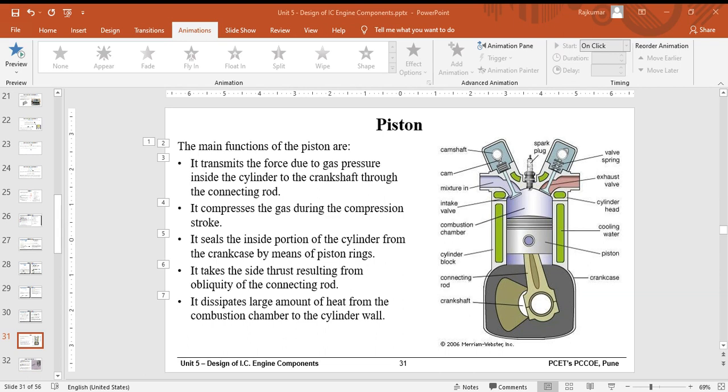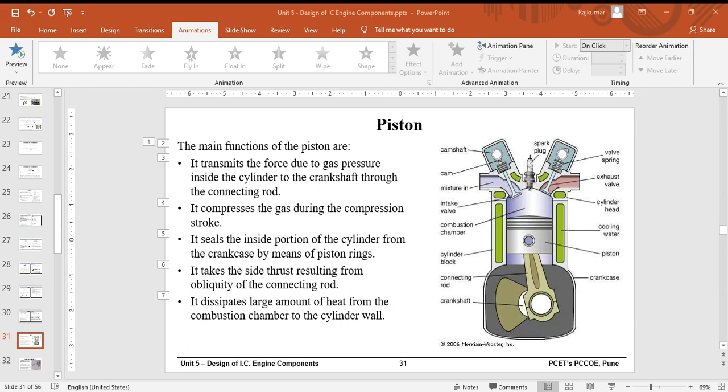At the same time, during the reciprocating motion, there is a chance that the oil which is present in the crankcase may enter into the combustion chamber, and that should also be restricted. For that, the bottom rings, which are also called oil scraper rings, restrict that flow of oil from the crankcase to the combustion chamber.